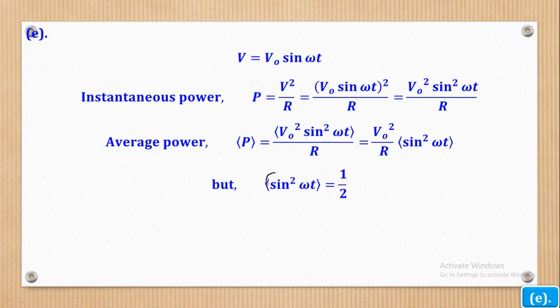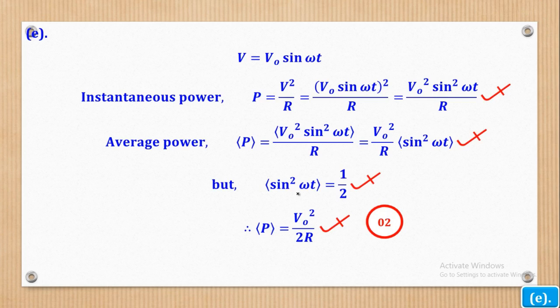But we already know that the mean value of sine squared omega t is equal to a half. So this can be derived, but in this case they don't want you to derive it. You have to just quote it. That is equal to a half. Therefore, you shall substitute to come up with average power being equal to V naught squared over 2R. And that is how marks would be awarded.